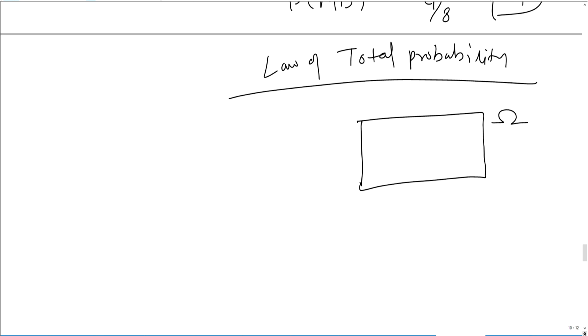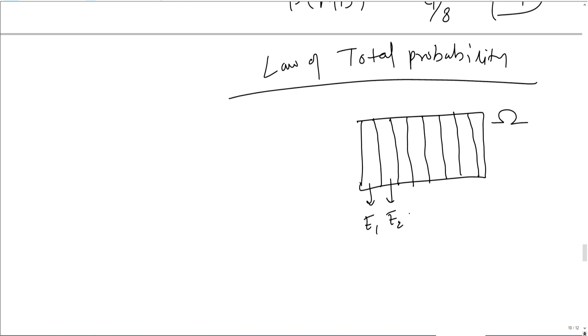And there are multiple events, basically subsets of the sample space. We call subsets the events. Let us say there are multiple events E1, E2, E3, E4, up to En. I have basically segmented this rectangle into multiple strips.